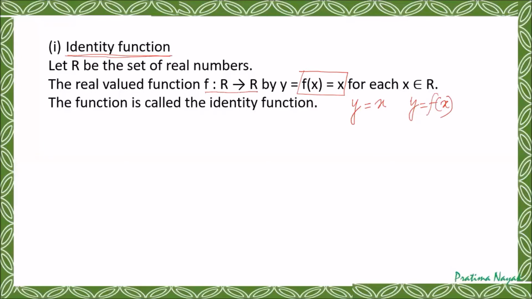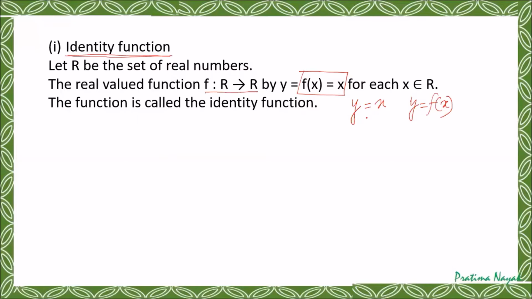So what will be the domain of this function? When y is equal to x, you can put any real number in x. Whatever you are putting in the real number, that is your domain. I can put a rational number, I can put an irrational number, and similarly I can get the same value of y.